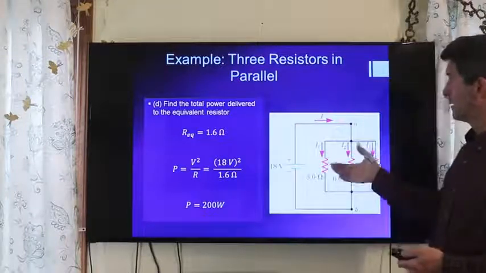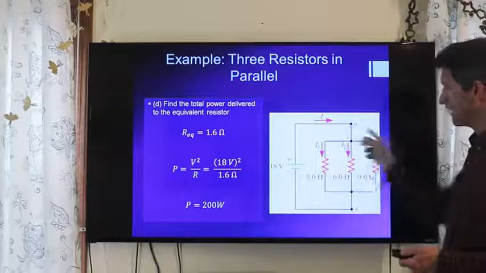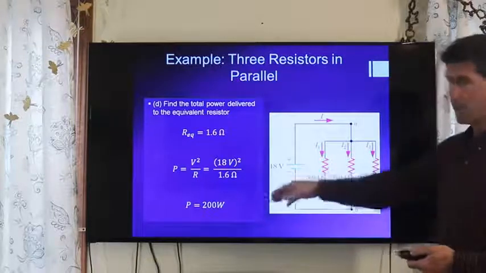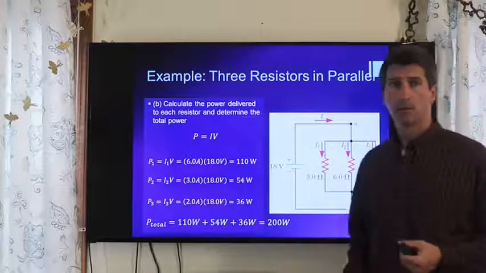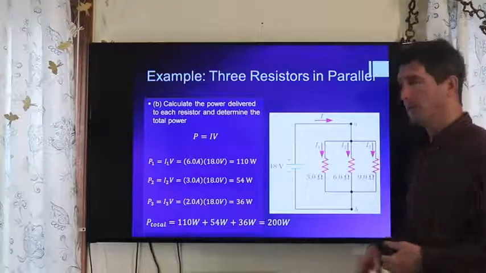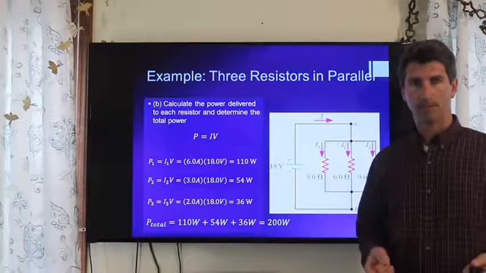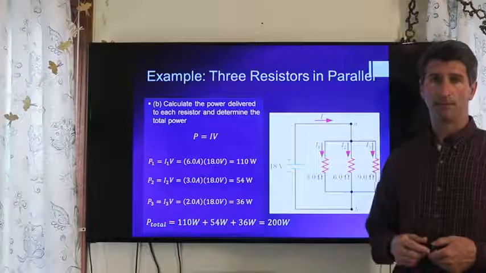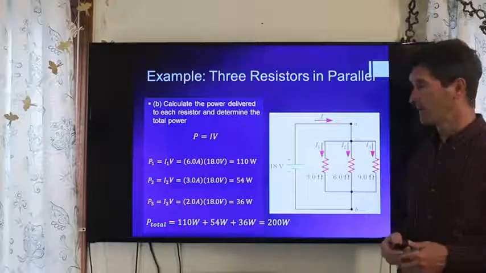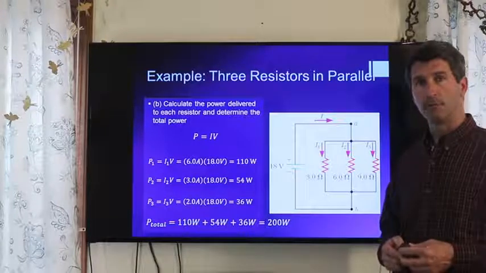So if I use an equivalent resistor here to calculate the power, I get 200 watts. If I use the power dissipated by each individual one, I get the same answer. So the equivalent resistor really is fine for finding out any of the different elements of a circuit.